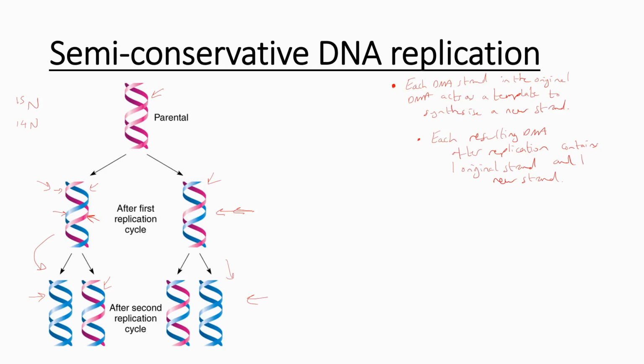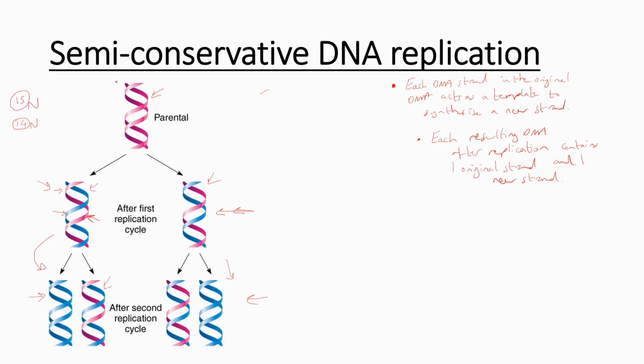If we give growth supplements and nutrients to the bacteria which contain nitrogen 14, the only nitrogen it will incorporate into its DNA is nitrogen 14. Nitrogen 15 is heavy. It has a higher relative atomic mass than nitrogen 14. So DNA that contains nitrogen 15 is going to be heavier, more dense than nitrogen 14 DNA.